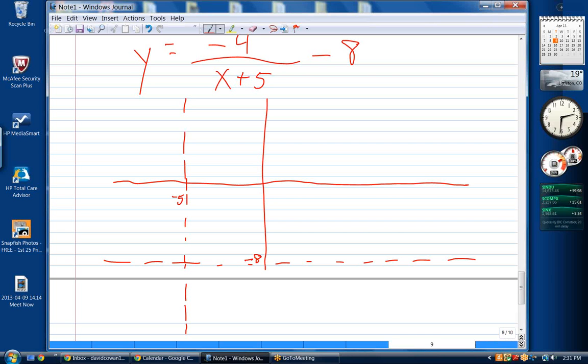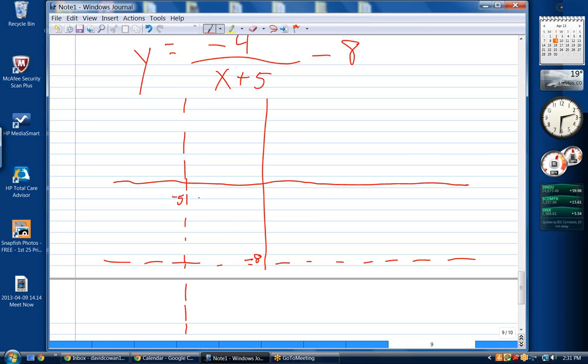So how do you figure it out? So do we pick a point bigger than -5 or something? Pick a point near this, because that's what we want to find out, is a point. Actually, let's see if it's in the first quadrant. So pick a point to the right of -5.